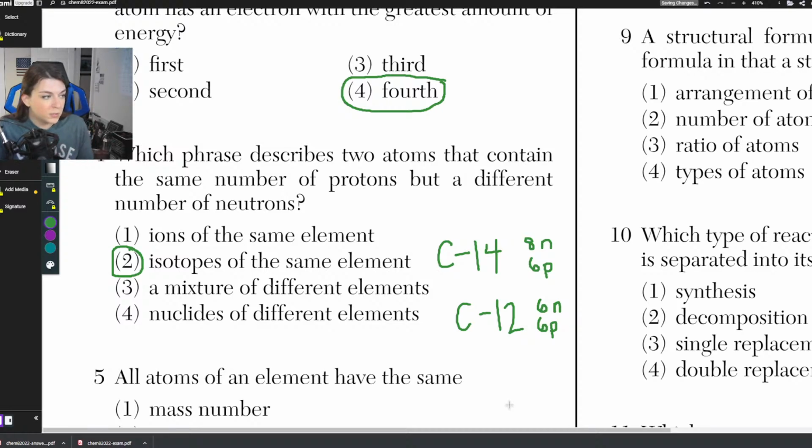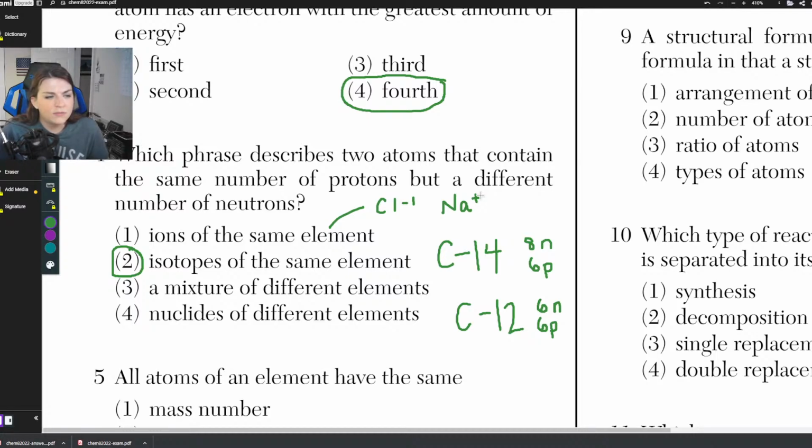Those are isotopes. Ions are going to be things that have charges. So that would be something like chlorine, which has gained an electron and takes on a -1 charge. At that point, we call it chloride. We could also have something like sodium, which loses an electron and is going to become a positive ion. A mixture of different elements is just a mixture.